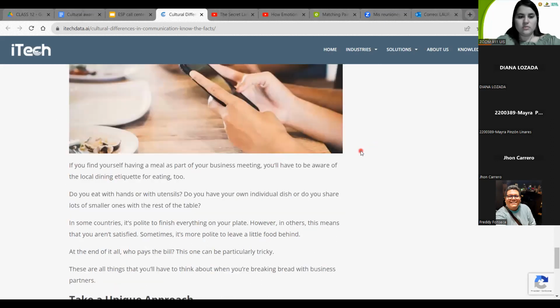If you find yourself having a meal as part of your business meeting, you'll have to be aware of the local dining etiquette for eating too. Do you eat with hands or with utensils? Do you have your own individual dish or do you share lots of smaller ones with the rest of the table? In some countries, it's polite to finish everything on your plate.